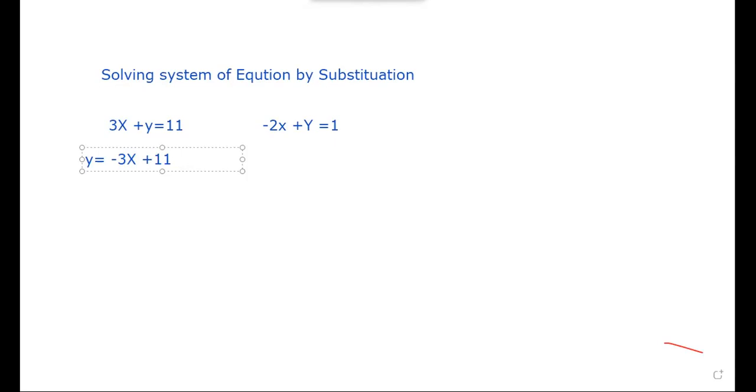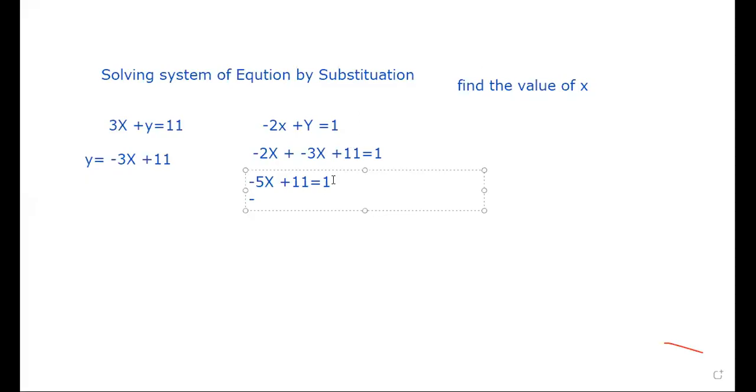Okay. Then if there is anyone who can tell me how we are going to replace in the second one, please try to do it by yourself. Okay, then the next step, it will be negative 5x equal 1 minus 11, right?